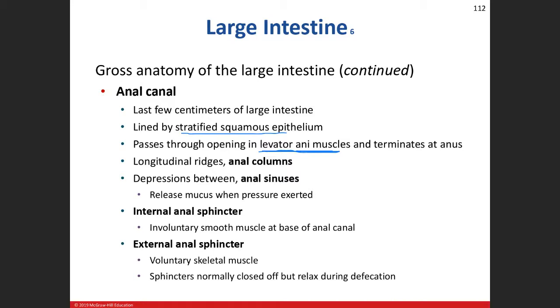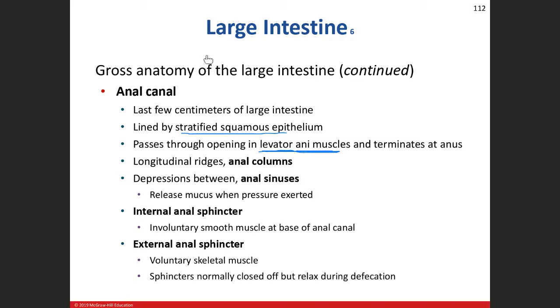I've said this before, I think, to you guys: that is the muscle group that literally holds your guts into your pelvis. Everything that sits in the pelvis will be held in through the levator ani muscles, which will also help with the defecation reflex.